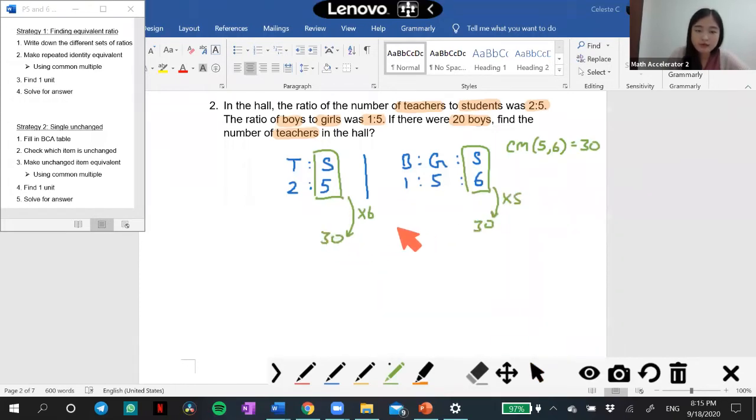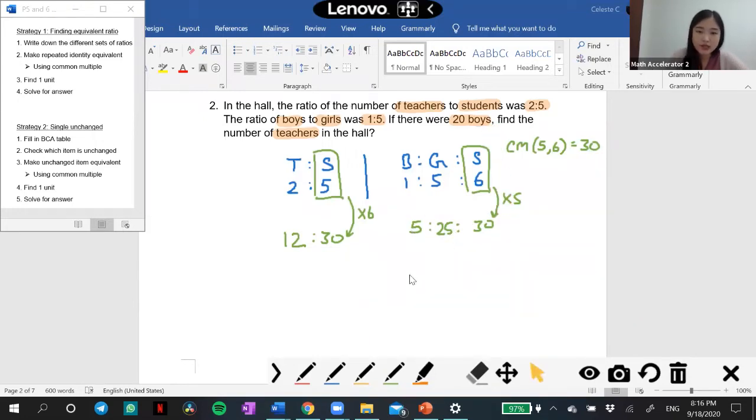But don't forget you have to times throughout for each set of ratio. So here times 6, 2 times 6, you have 12. 5 times 5, 25. 5 times 1, 5. And there were 20 boys.